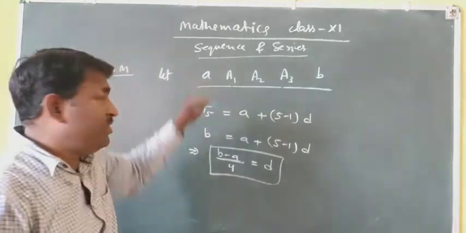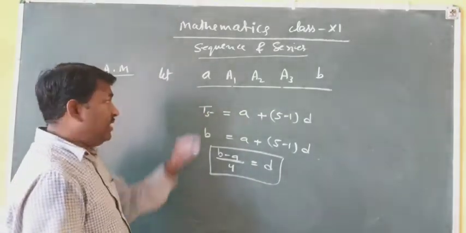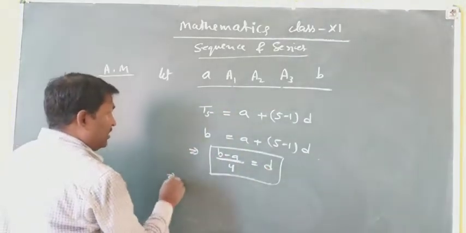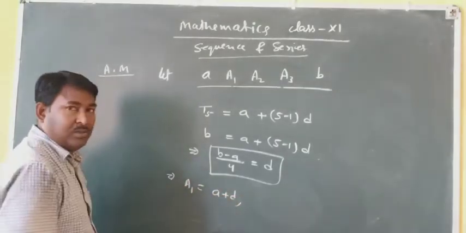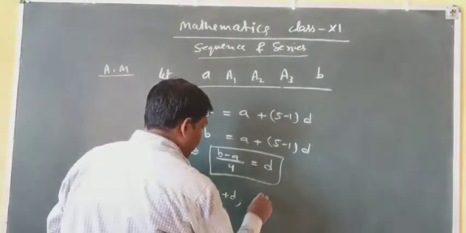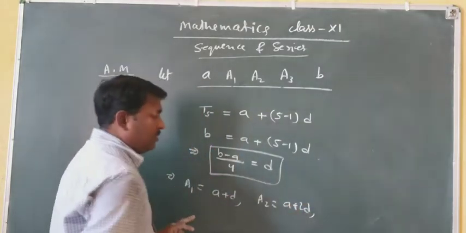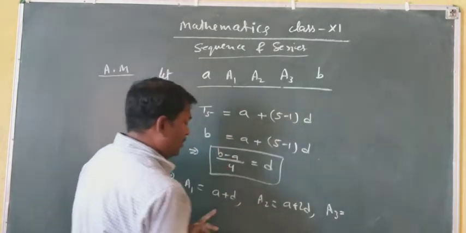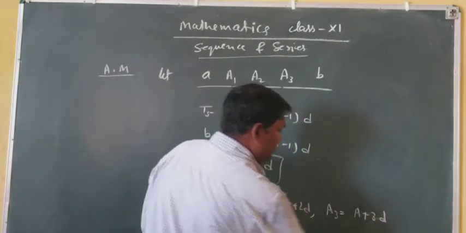Here the first term is known. If you want to find the second term, then the first term plus d will give you the second term. This implies that A1 is equal to A plus d, A2 is equal to A plus 2d, A3 is equal to A plus 3d.